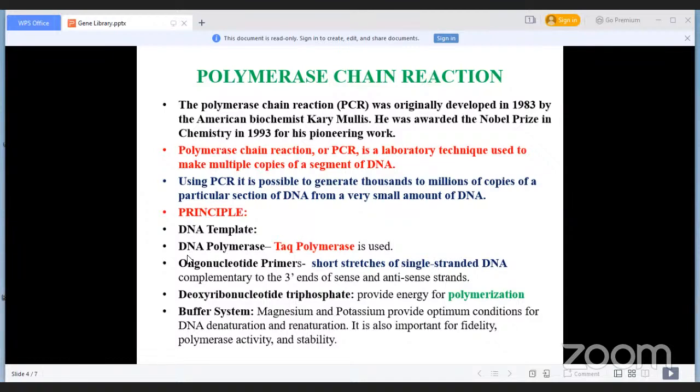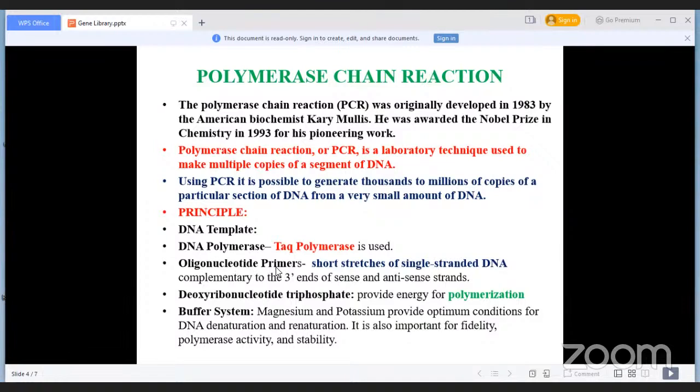Polymerase, that's it. That is the second one, DNA polymerase. Especially among DNA polymerases, Taq polymerase is also utilized. What is the importance of Taq? Already explained: resistant to heat. Because in the PCR reaction we use high temperature, to resist high temperature we can use Taq polymerase.